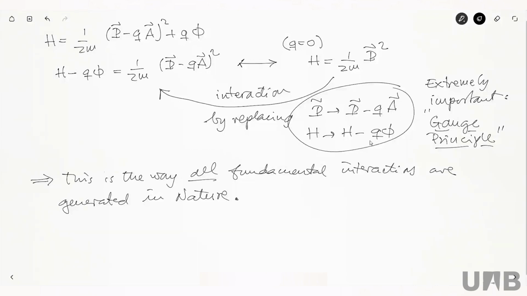It is telling you how and why the interactions are the way they are. Okay, it doesn't seem to be a coincidence. There is this underlying principle governing the generation of all the fundamental interactions in nature. Anyway, so this is just a side note that I couldn't resist doing here.